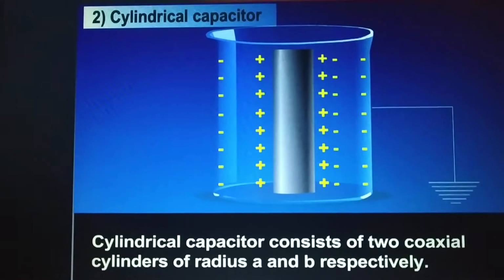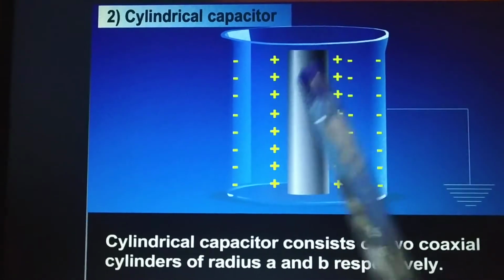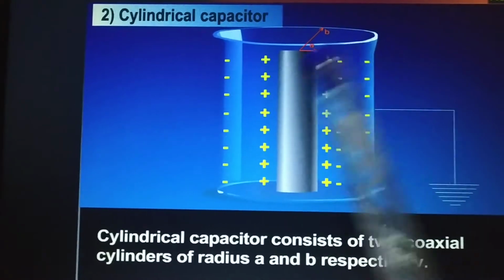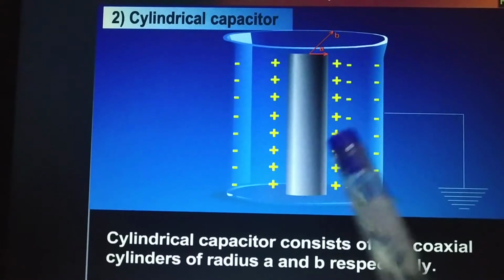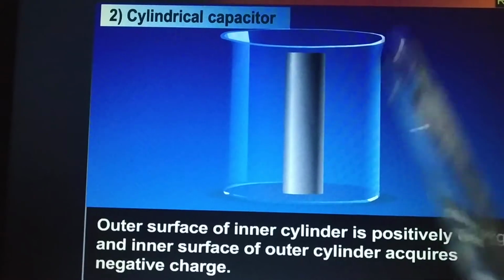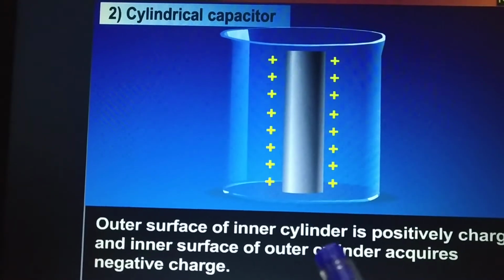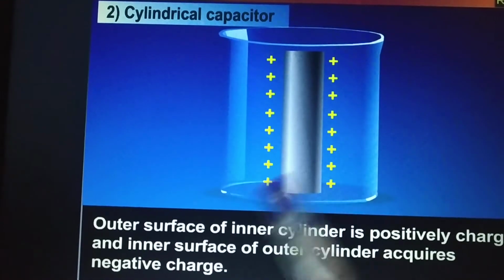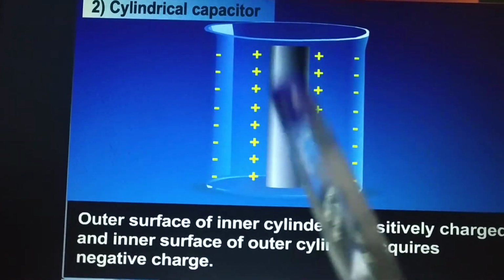The next type is the cylindrical capacitor. A cylindrical capacitor consists of two coaxial cylinders of radii A and B respectively. The outer surface of the inner cylinder is positively charged and the inner surface of the outer cylinder acquires negative charge.